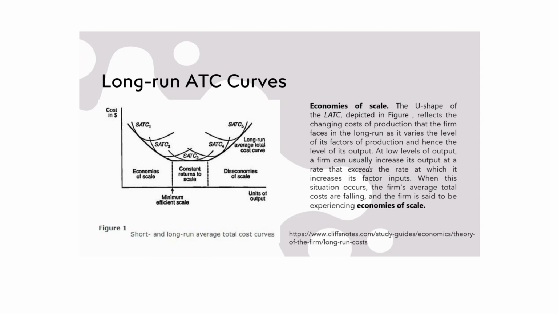So we have SATC sub 1, sub 2, sub 3, and so on. To construct the long run curve using the short run ATC, we consider the minimum points. Notice that the minimum points touch the long run curve.